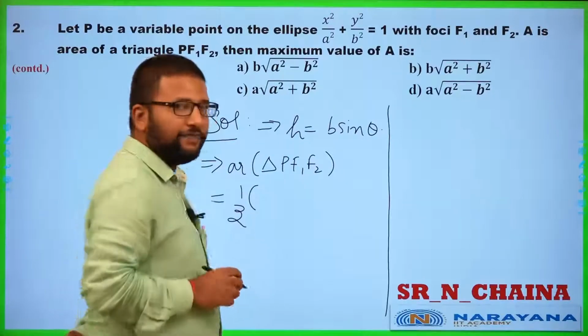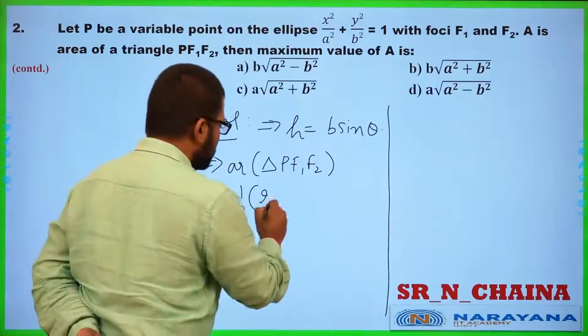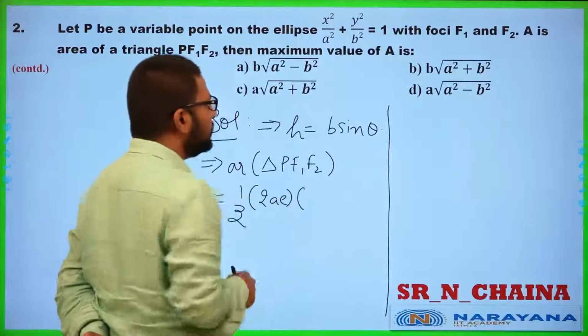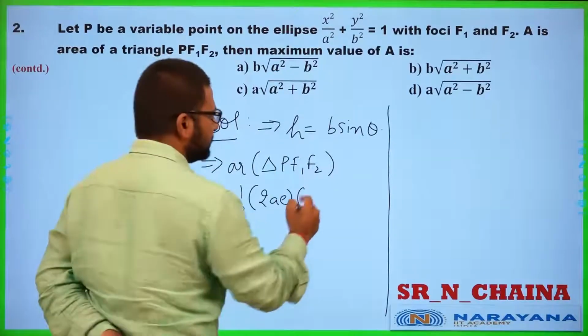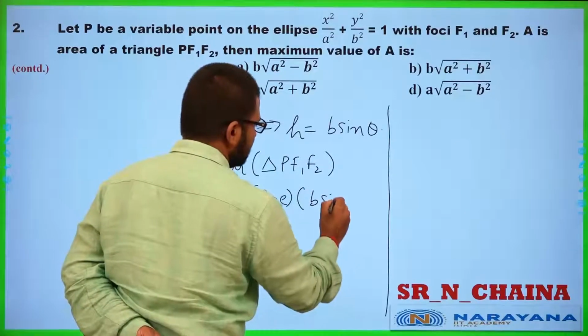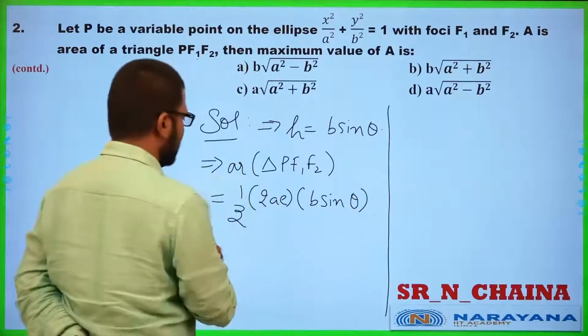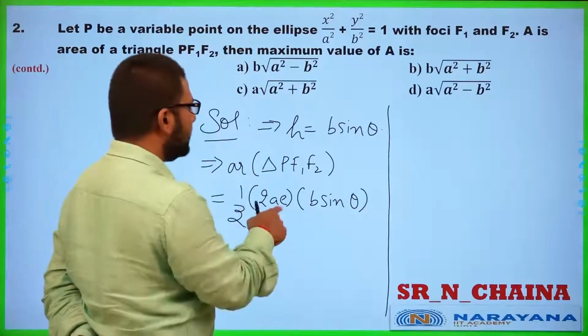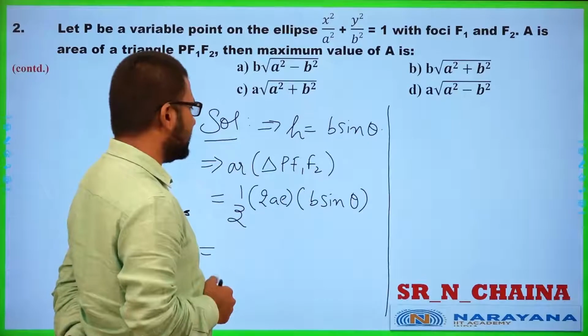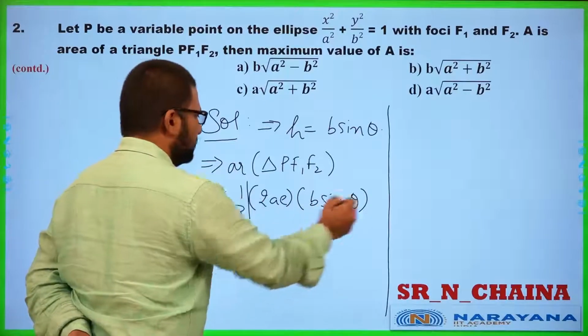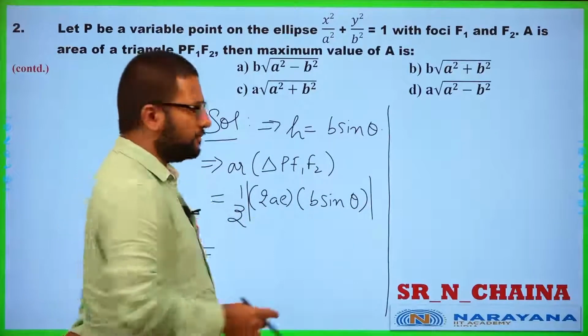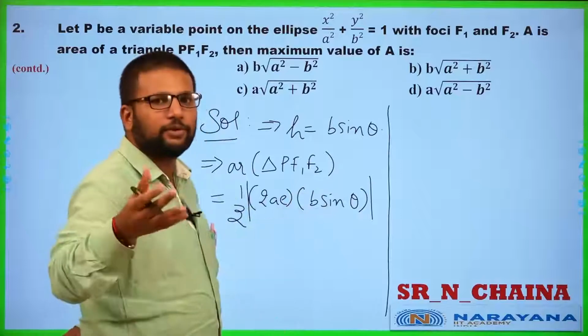Half of F1F2. F1F2 is how much? 2ae into what is the height? b sin theta, correct? Half gets cancelled, we get ae b sin theta, right? Once again we should put a mod there. Only sin theta is something that could go negative.